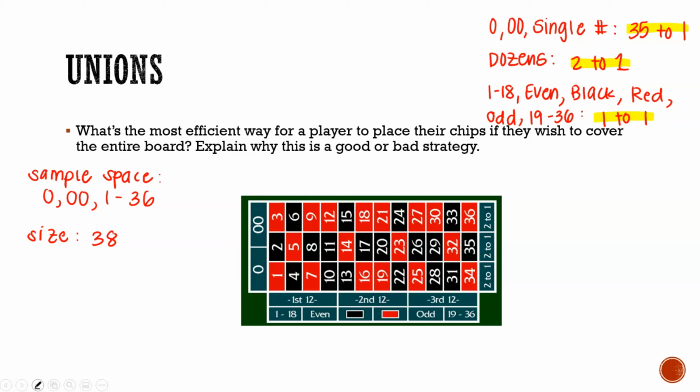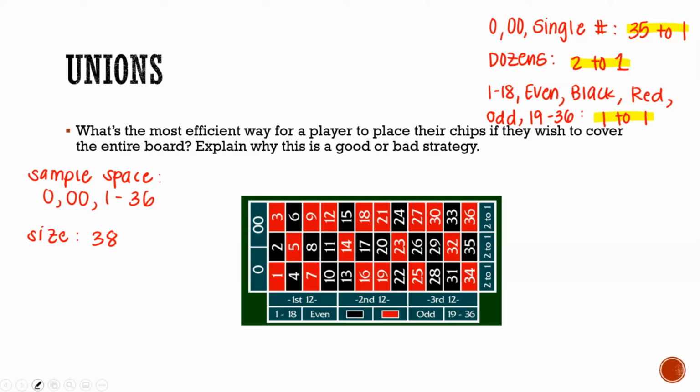Another way I could have covered the entire board is to put a chip on 0, put a chip on 00, put a chip on first dozen, second dozen, and third dozen. I would have put $5 down on the board, and imagine the number landed on 30.